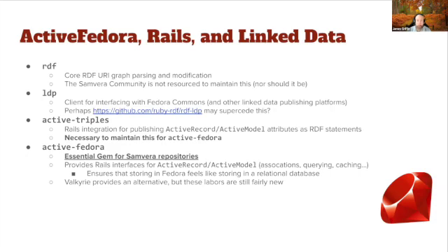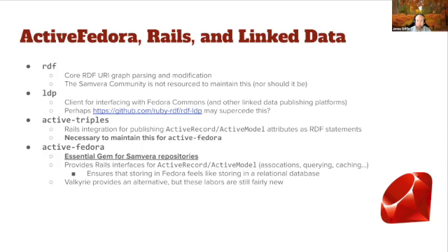Active Triples is really providing a level of Rails integration for publishing active record or active model attributes as RDF statements. This is really necessary for maintaining ActiveFedora, and for those who are familiar with active record, it provides a certain level of seamless integration so that Rails developers who are comfortable working with active record can work with this readily.